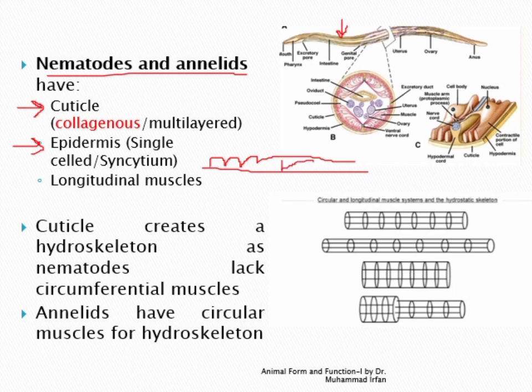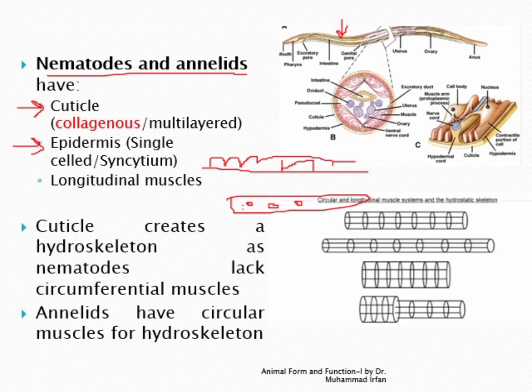Syncytium means the cells have multiple nuclei and make a single cell covering the body. And then there is a longitudinal muscle beneath these.